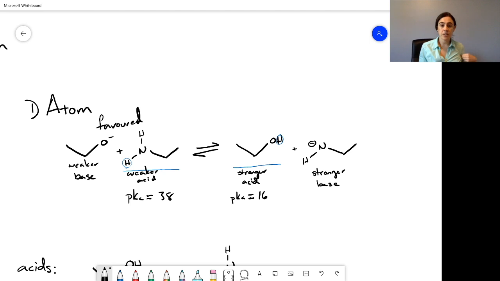So we can see that there's a very large difference in the pKa's here, and that the reactant side will be favored. The proton will sit primarily and almost exclusively on that nitrogen.